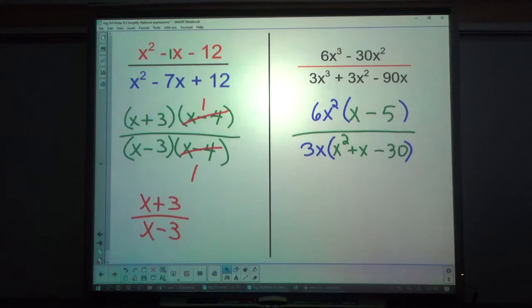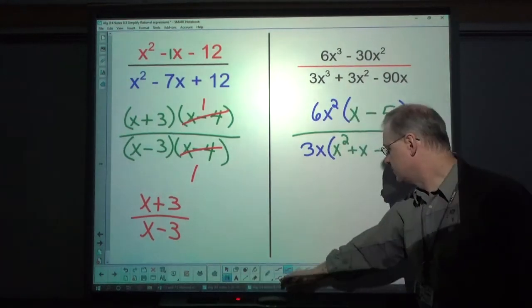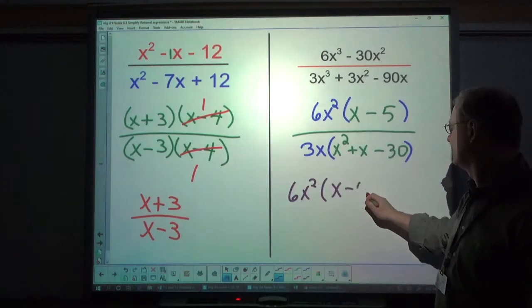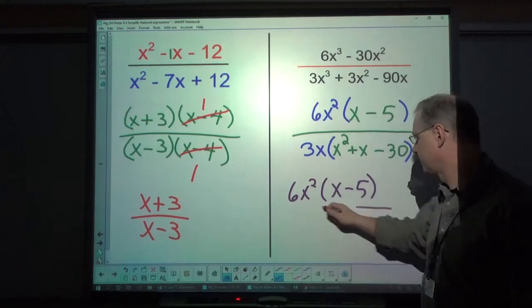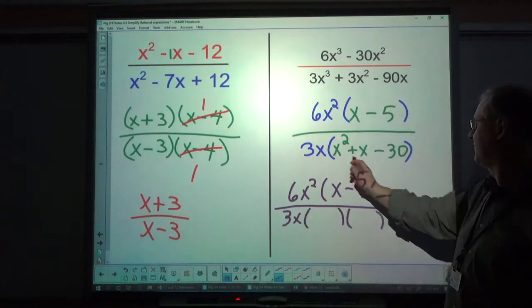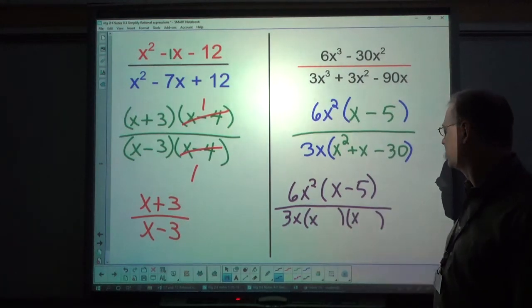Now that's just factoring out the GCF. The next step is what's in the parentheses. Can I factor further? 6x squared, x minus 5. No reducing, factoring here. 3x. Let's see if this will factor into two parentheses. x and x.